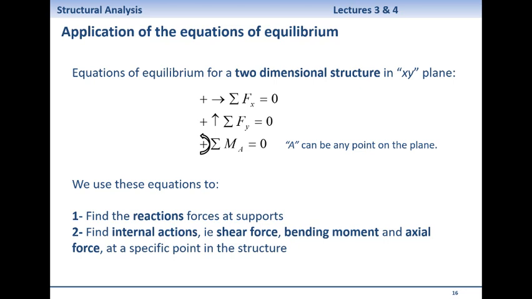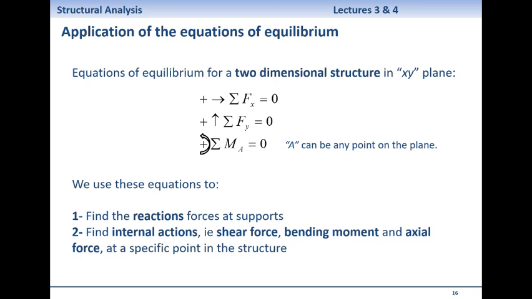The structure is in that plane, forces are in that plane, stresses that are created, everything is happening in that 2-dimensional plane. And in that plane, we're assuming there is an x-axis, there is a y-axis. So we have a system of coordinates, and we come up with those x and y directions. They are not universal. Sometimes you may see some examples where the x-axis is actually in the vertical direction and the y-axis happens to be horizontal.